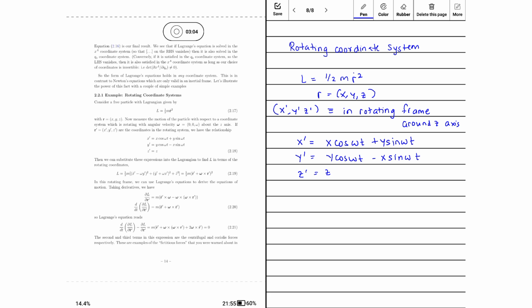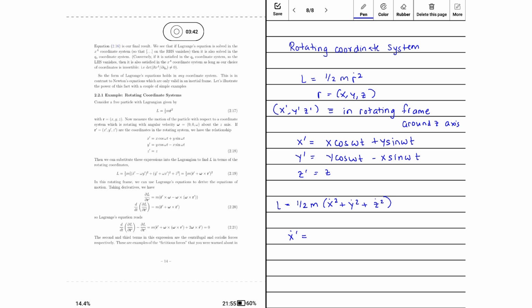So how would one do it? Let's just check. If I just expand in a non-rotating frame, it is basically x dot square plus y dot square plus z dot square. So let's just look at this.